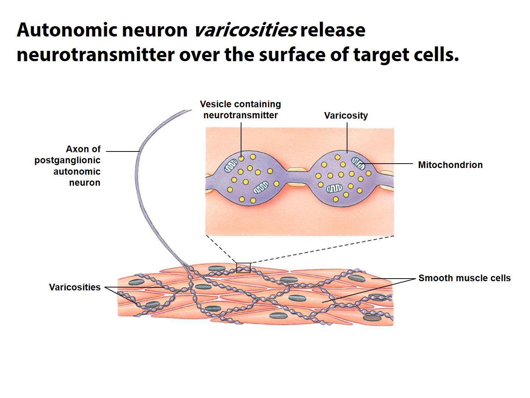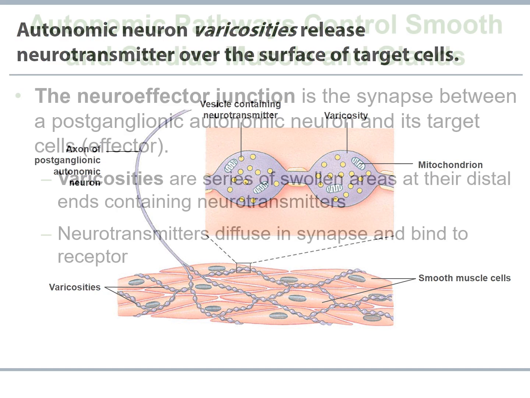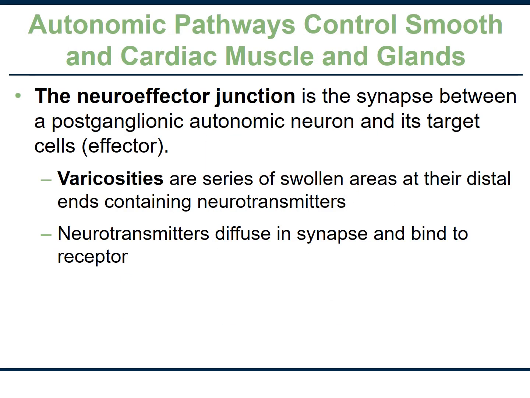So I've included that slide as part of this chapter. So these varicosities are specialized presynaptic terminals that allow for a wide distribution of neurotransmitter secretion onto an entire smooth muscle. That's the main place where you see it.